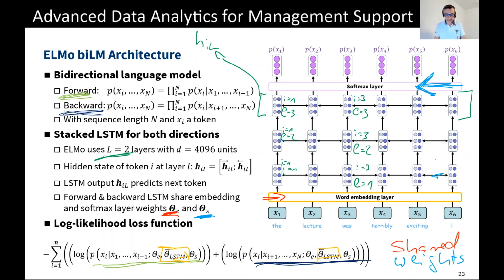A lot of parameters are in these yellowish highlighted parameter vectors, and theta E is the embedding and theta S is the softmax weights from which our probabilistic forecasts depend, and then the log of that in order to get rid of the product and the joint probabilities. This gives us our loss function, which we can minimize using backpropagation through time to train this language model, this deep bidirectional language model, this ELMo thing.